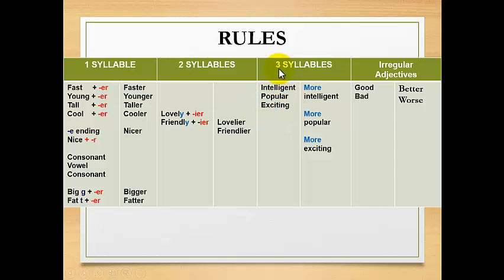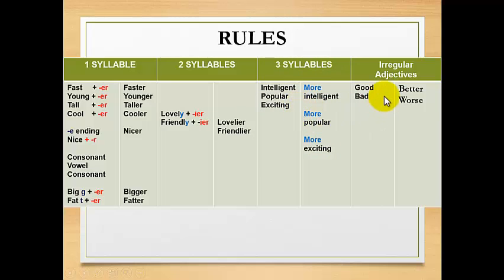When we have 3 or more syllable adjectives, we are going to add just the word more. So we have more intelligent, more popular, and more exciting. That's the rule for the 3 or more syllables.